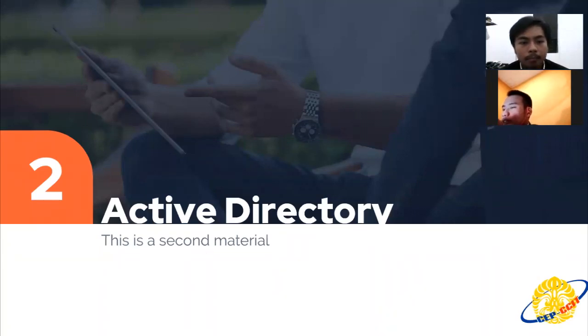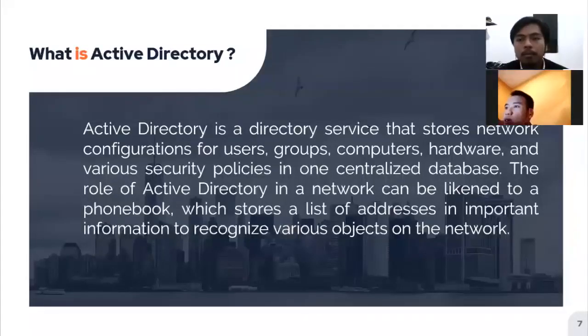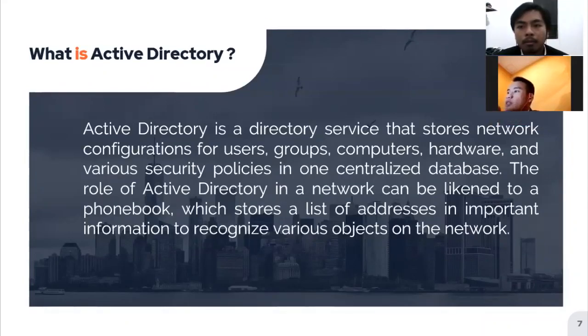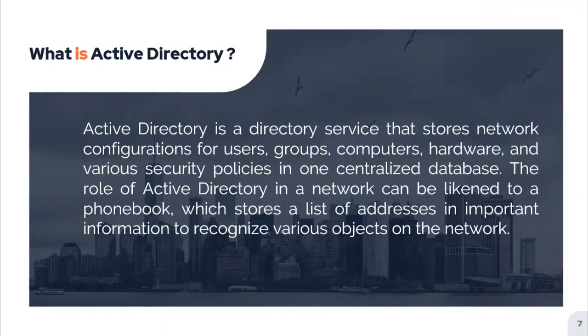The next slide is chapter 2, Active Directory. What is Active Directory? Active Directory is a directory service that stores network configuration for users, groups, computers, hardware, and various security policies in one centralized database.